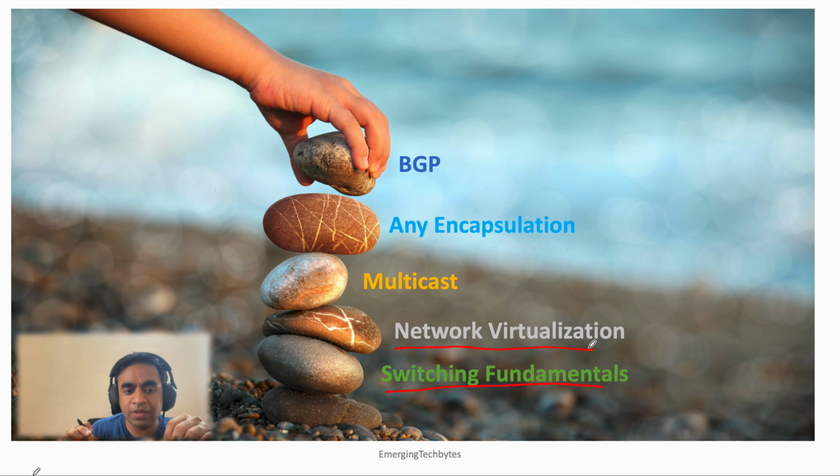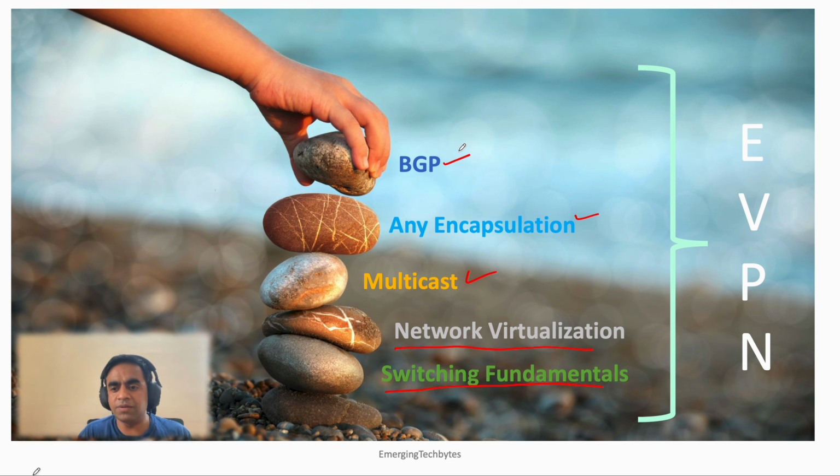But that control piece here is BGP. So, multicast, encapsulation, BGP: when you mix up these ingredients, the recipe that comes out of it, the final product, is BGP EVPN.